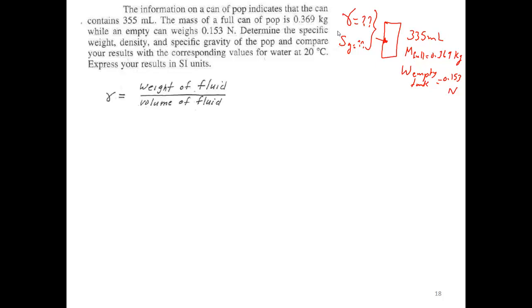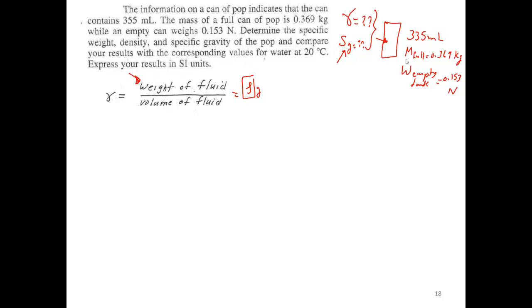So the specific weight, as we have said, is the weight of the fluid divided by the volume, or it can be density times gravity. However, I don't have the density this time, and I don't have the specific gravity. But we do have some weights given here. We do have the volume, so let's find the weight of the fluid.